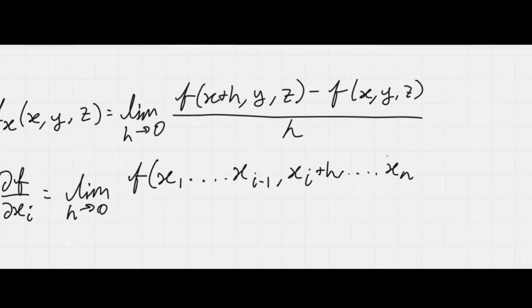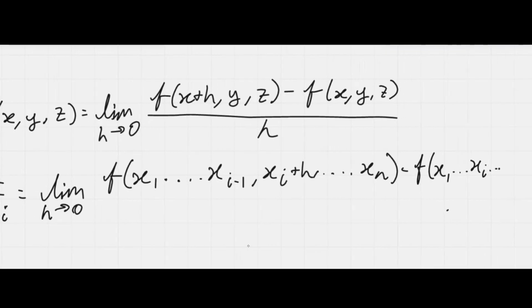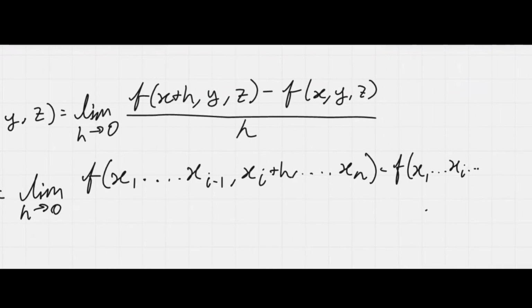It's going to look something like this, and then we can close our parentheses, and then we're essentially going to be subtracting just the original function. And that original function is going to start, once again, from the first variable, all the way to our nth variable.